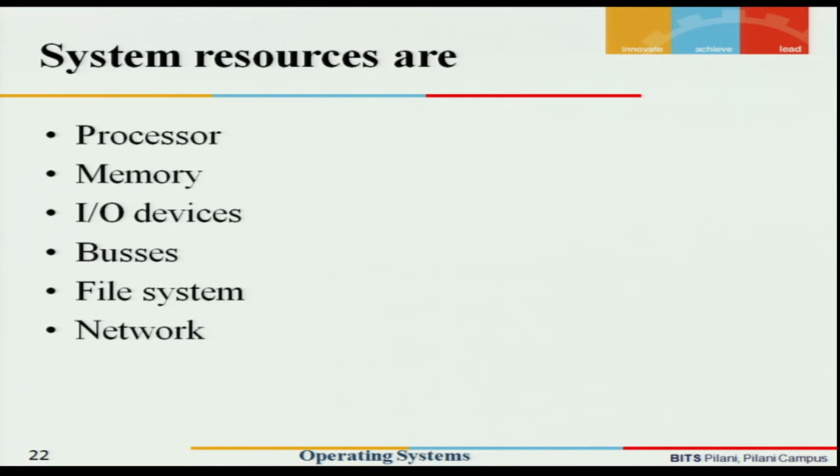We will see this in later sessions. Then another resource is memory, where all the programs, including the OS, would be residing, I/O devices, buses, file system, network. All these are various system resources which are present and which need to be utilized efficiently.